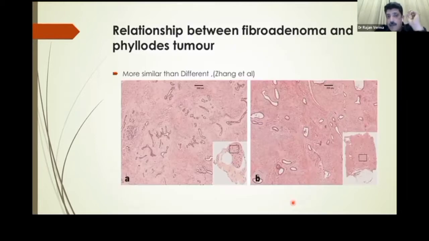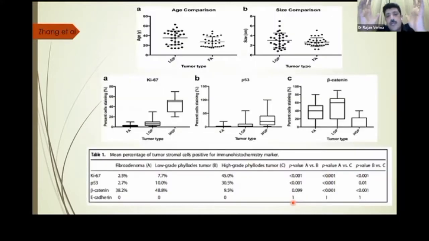The relationship between fibroadenoma and phylloid tumor is very close, and they look more similar than different, as in the study conducted by Zhang et al. So what he concluded was, if you look into the biology of phylloids or the cellular fibroadenomas, he found that the mean age of occurrence for phylloid tumor is around 35 years, and for fibroadenomas is around 27 years. So there is no statistical difference in both of them.